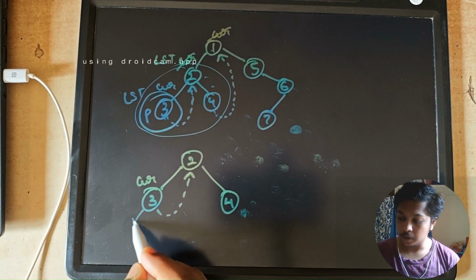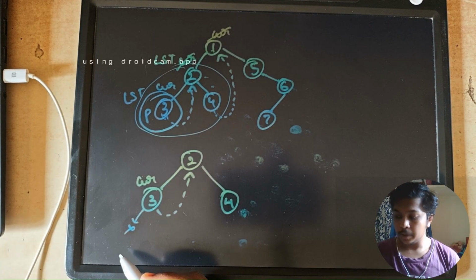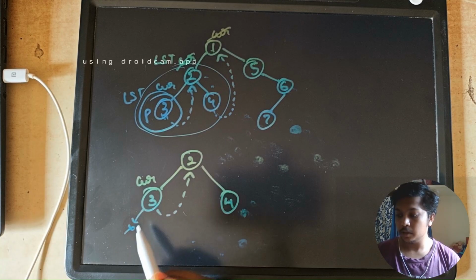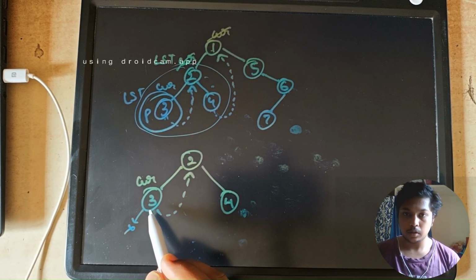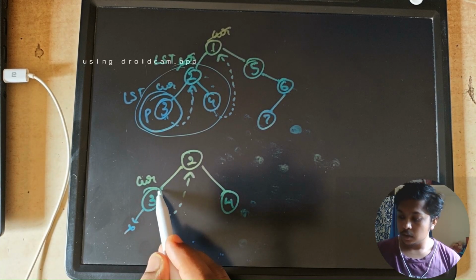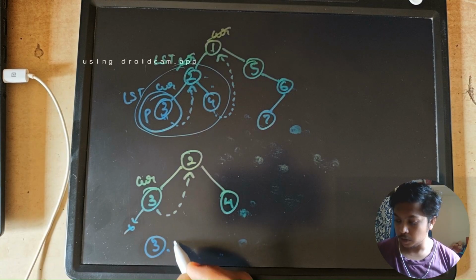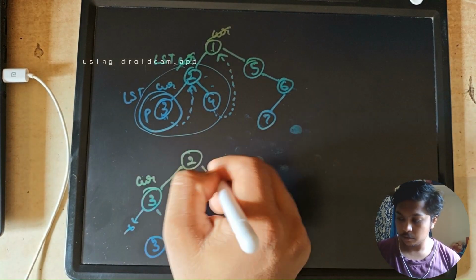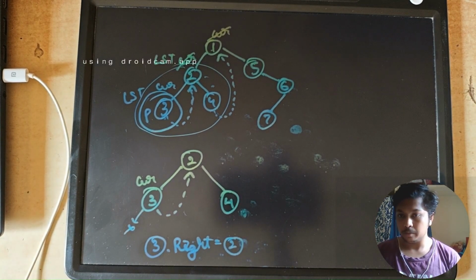Now, since I don't have any left subtree because it's null, my current will go to the right side. And actually, the thread we are making is the current node's right part itself, that is, node.right equals that.